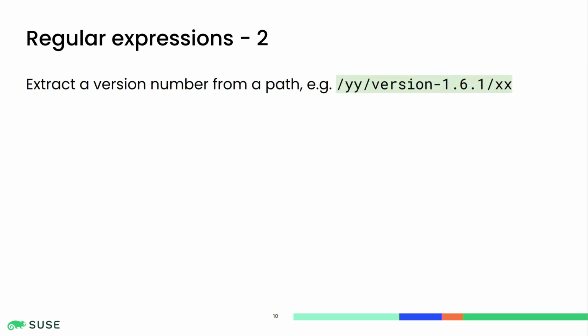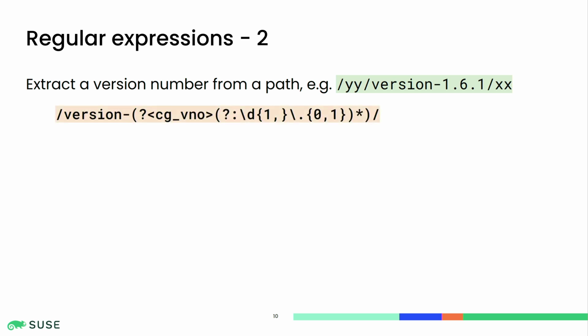So, regular expressions, how did we do it? Right. So this is the regular expression. It looks a bit like transmission line noise printed out, but I'm looking for the version here, and then I'm going to capture this 1.6.1 in this capture group, version number variable name, and these characters describe the format of this 1.6.1 or 1.6.1.2 or whatever.